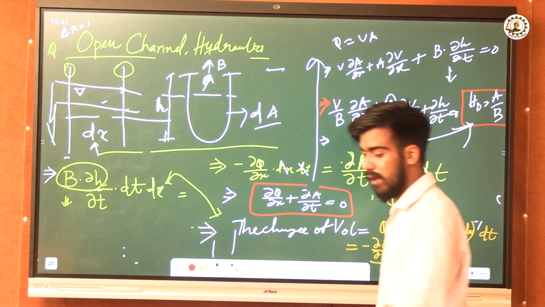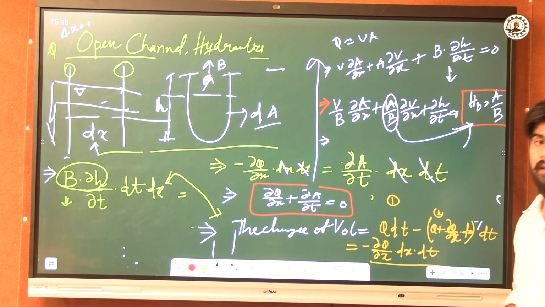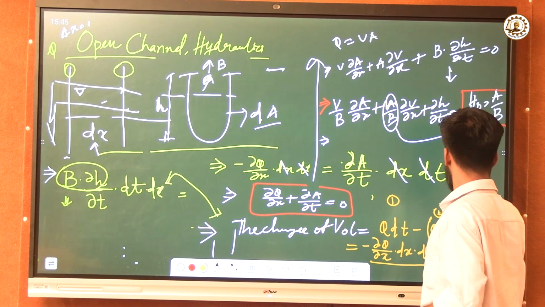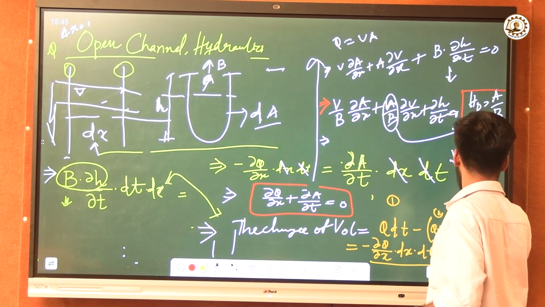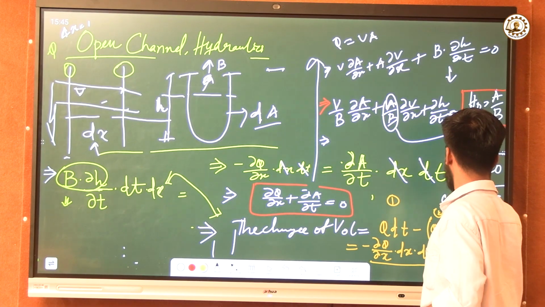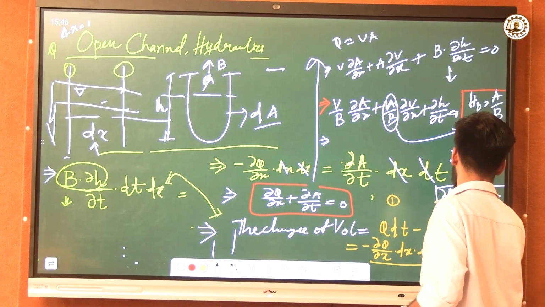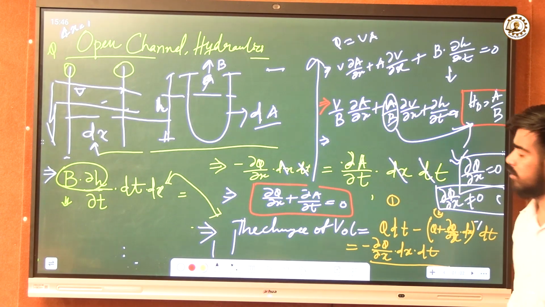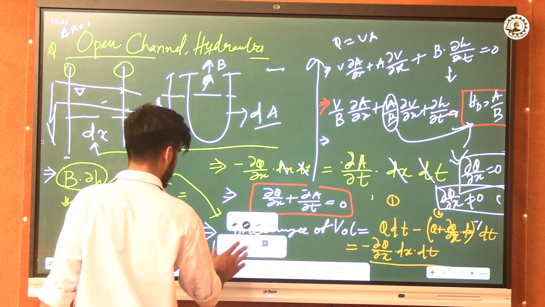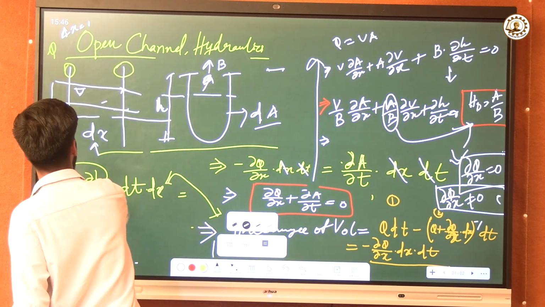Now this is the continuity equation, mainly the general continuity equation for open channel. In that case, we can say del q by del x equal to 0 for steady flow, and del q by del x not equal to 0 for unsteady flow. Now that was all for understanding the conservation of mass equation for an open channel flow.